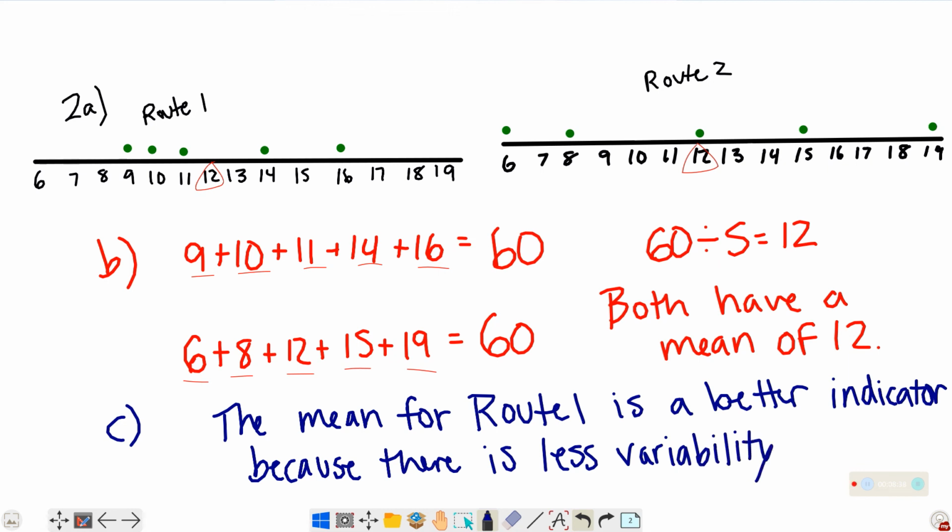They are less spread out. The times for the second route are more varied or more spread out than the first. So the mean for the first route is a better indicator, a more precise typical value.